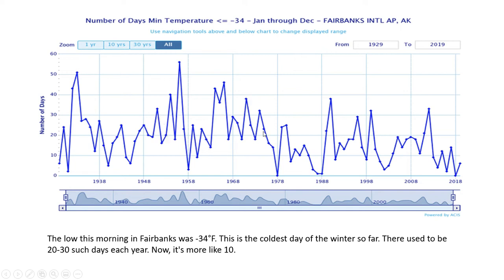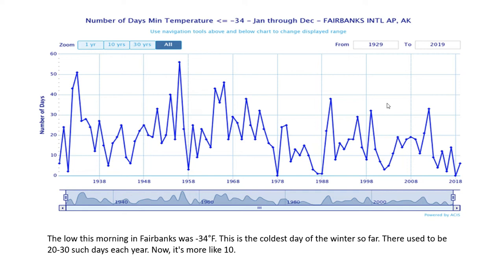Now, I think you guys would know why if you've watched all my videos. This is being driven in part, not totally, but in part by the Arctic Oscillation. For example, the January that just concluded here in Fairbanks, and this does not include 2020, was the coldest, in fact for the state, the coldest January in 25 years.